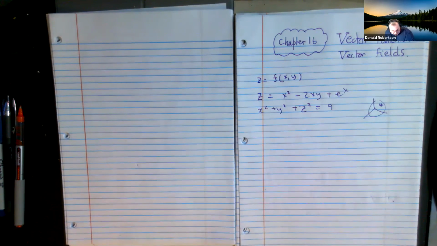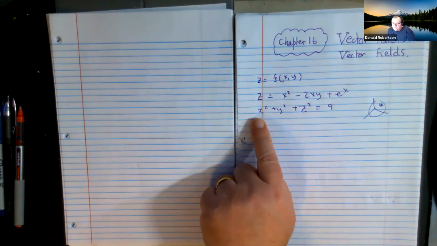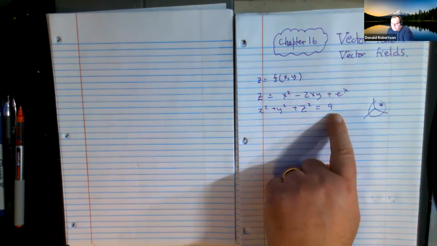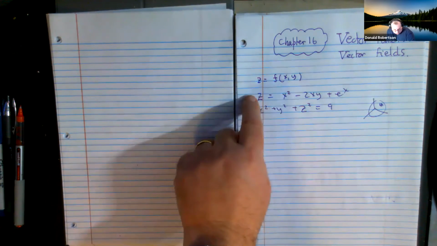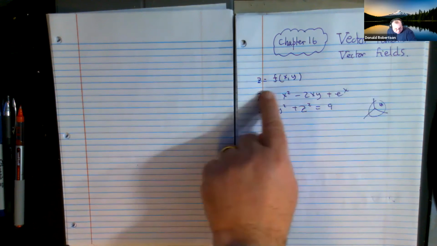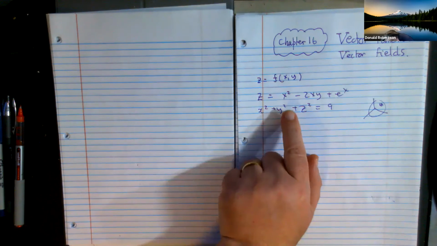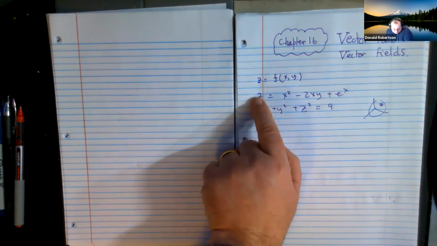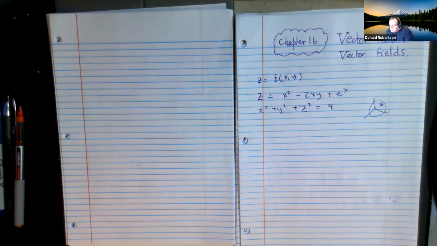So what we're talking about here are all the points in 3D space that have the property that when you square their x, y, and z coordinates and add them, you get the answer 9. In this one here, we're looking at all the points in 3D space that when you square the x and take away this and add that, you get the z coordinate of the point. And what have we done with these things? Well, we've integrated them, haven't we?